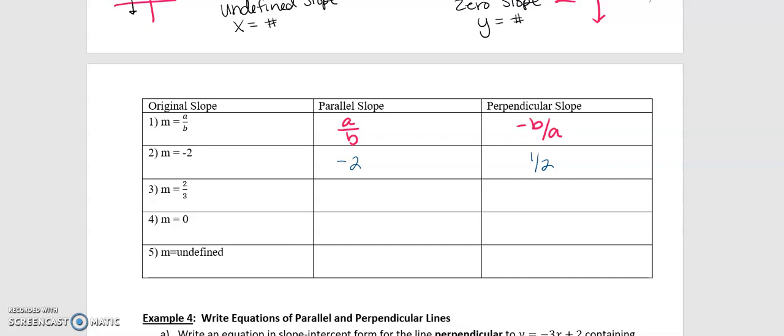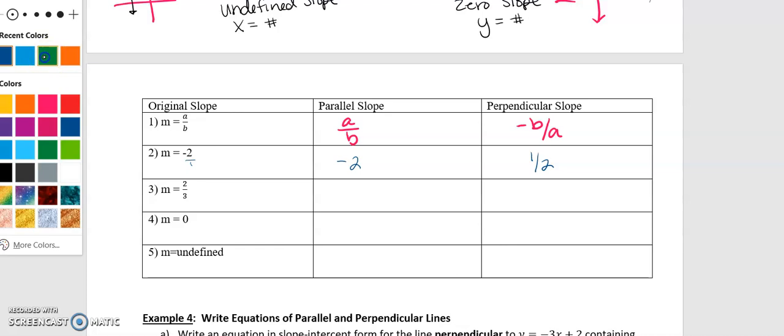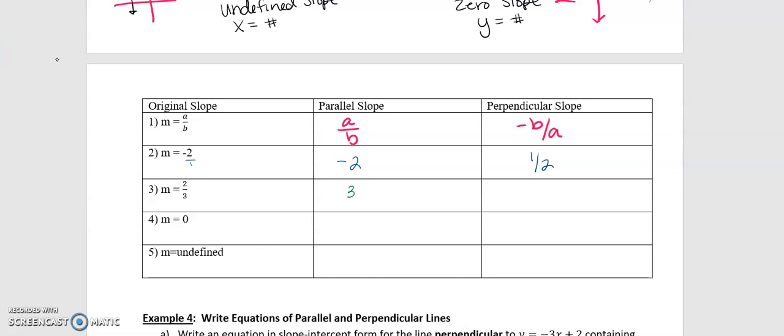And then we want opposite reciprocal, so change it to positive and then flip it. Whenever it's a whole number, remember it's always over 1. So if you want to try number 3, go ahead. So we should have 2 over 3 and -3 over 2.